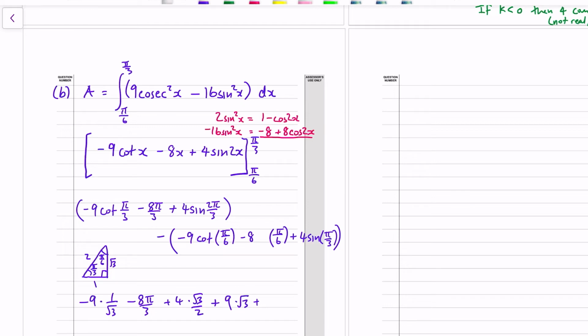Shouldn't have a cotan there. Hopefully you noticed that. Plus 8 pi over 6, 4 pi over 3. And then minus 4 sine pi over 3. Sine pi over 3 is root 3 over 2, so it's minus 4 times root 3 over 2.